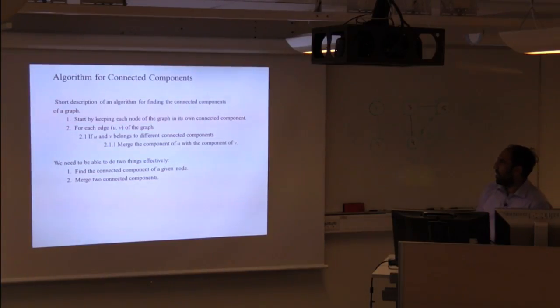It says to start by keeping each node of the graph in its own connected component. It means that in the beginning we have 5 nodes. So we start with C1, C2, C3, C4 and C5 and keep everyone in its own partition.